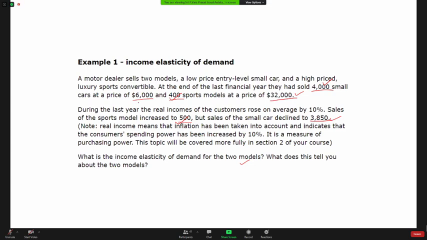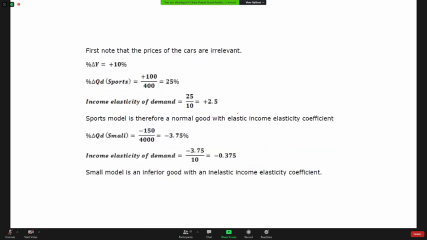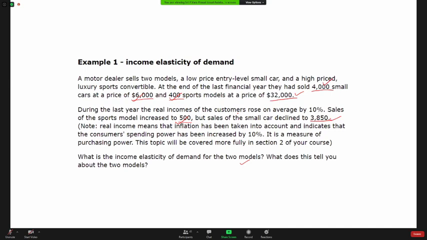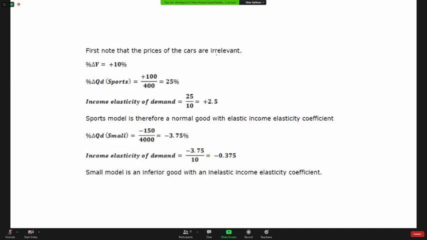So here you can consider this as income. No, not that as income. Okay, just look at the solution here. First, you forget about the cars. So what is this 10%?